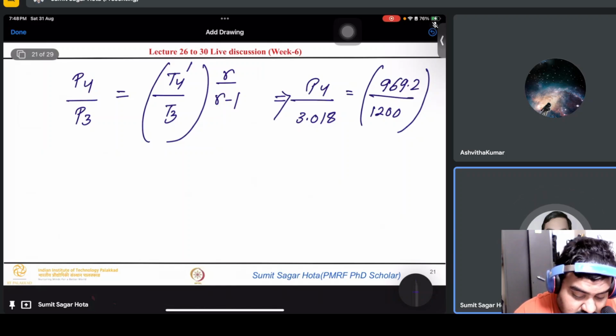So for that, the gamma value will be different: 1.33 by 0.33. So substitute and find out P4.